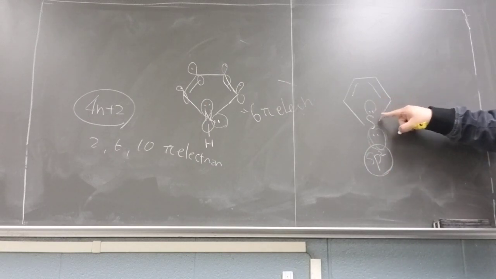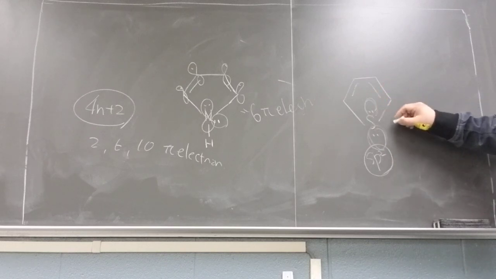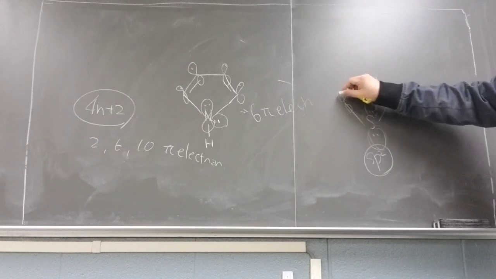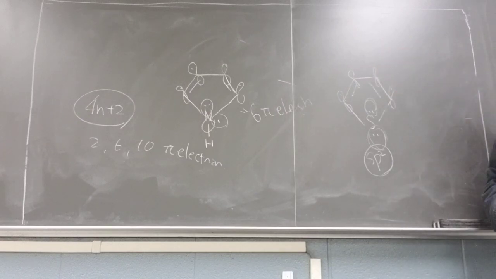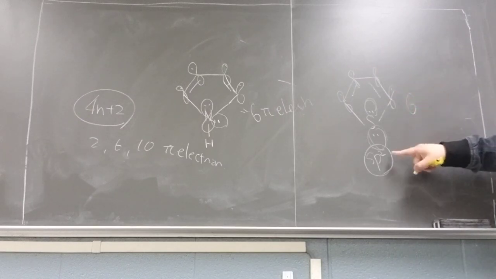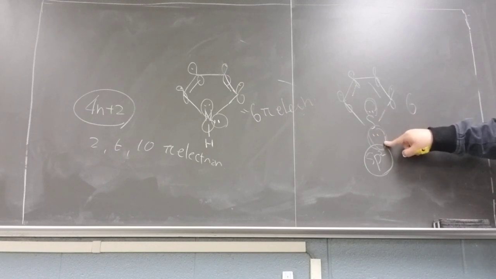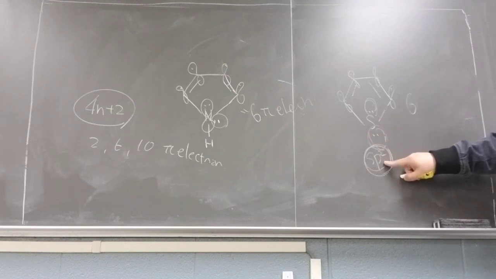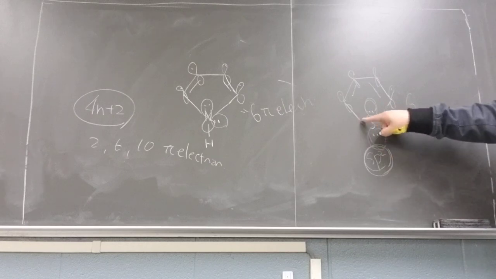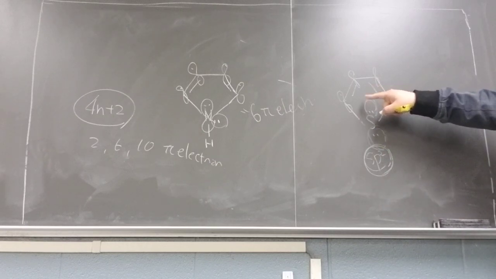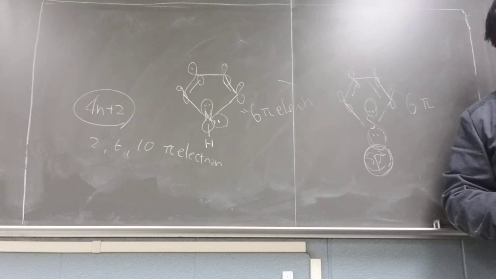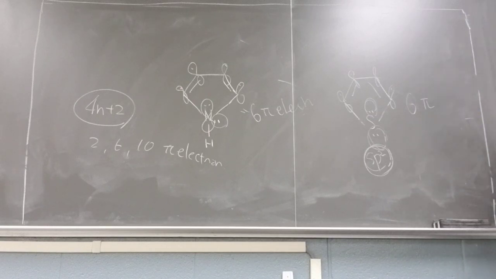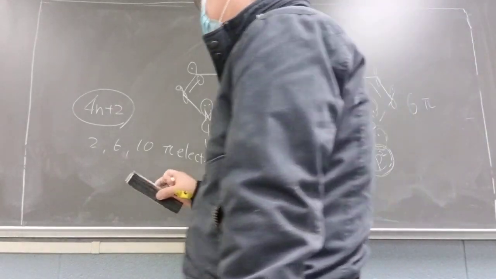Only one pair of electrons, which is 1 lone pair, will be in the p orbital to be conjugated, which only makes 6, not 8, because the other lone pair will be in the sp2 hybrid orbital. Okay? So only 1 pair, so that makes 6 again. So this is also an aromatic compound. This is just a quick review of what we did last time.